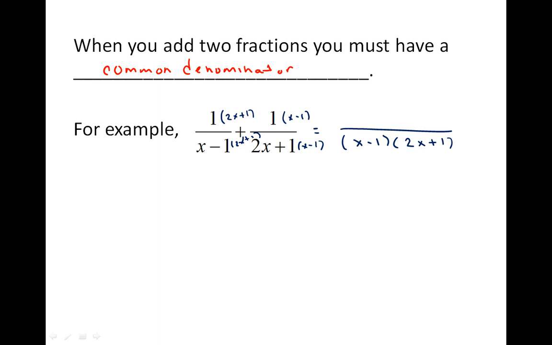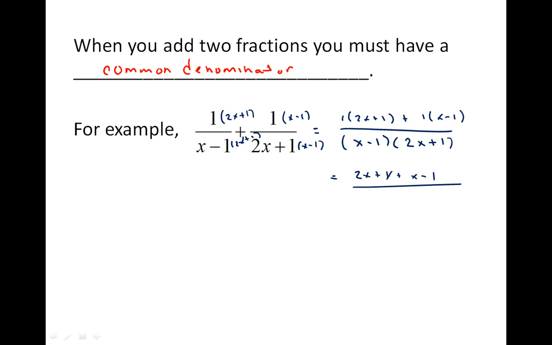And so on your numerator here, you would have 1 times 2x plus 1 plus 1 times x minus 1. And this would equal 2x plus 1 plus x minus 1.